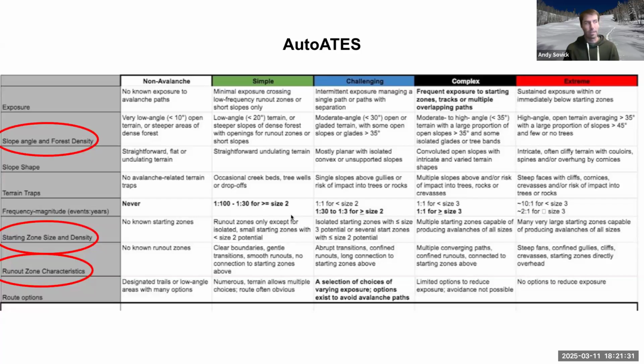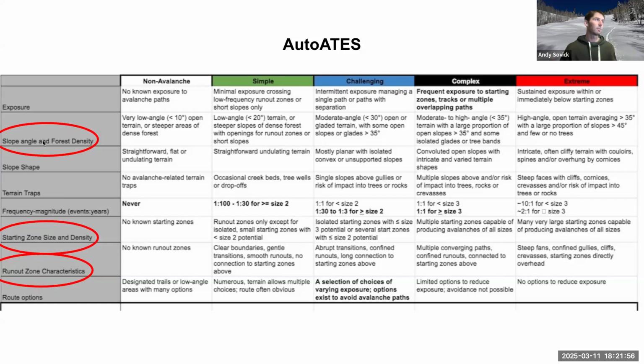Now, the autoATES layer at OnX, we're not able to, with satellites and with algorithms and mathematic technology, do things like route options because that's really a person's scale. And autoATES is really just taking what we can measure with LiDAR data, with satellite data, and imagery.